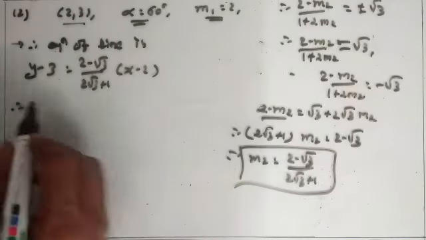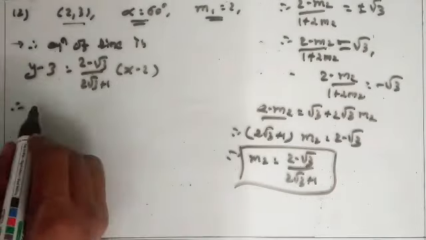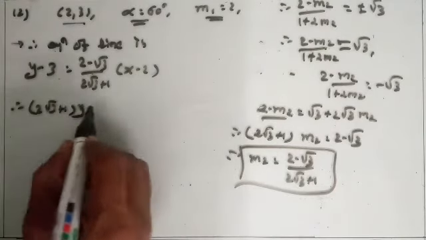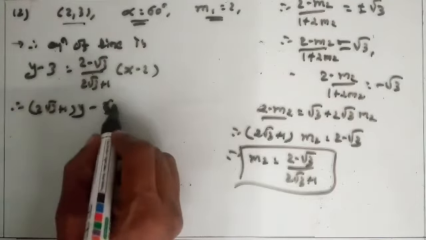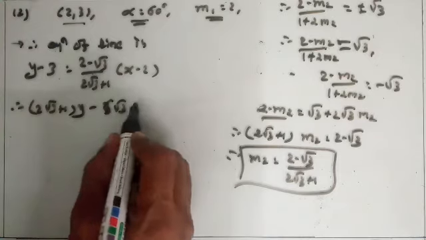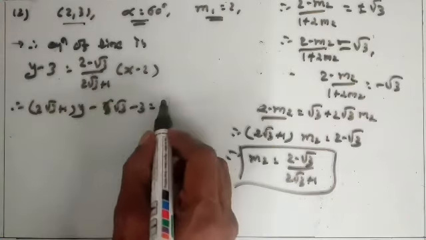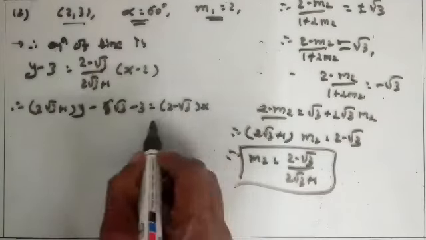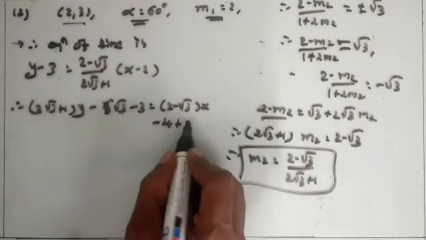Clear? Therefore (2 root 3 plus 1) take this side, so we get (2 root 3 plus 1) into y minus 3 into this, that is 6 root 3 minus 3, is equal to (2 minus root 3) into x, that is (2 minus root 3) into x, minus 2 into this, that is 4 plus 2 root 3.